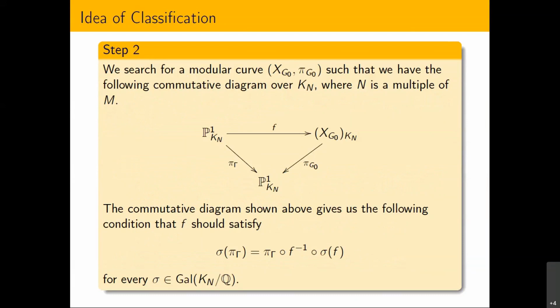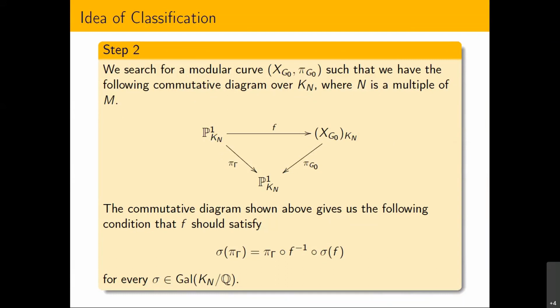We are done. Once we have the map π_Γ, what I do then is search for a modular curve (X_G0, π_G0) over K_n, where n is a multiple of m. And I want X_G0 to be isomorphic to P1 of K_n, where P1 of K_n is the curve with function field K_n adjoined h, where h was the Hauptmodul.